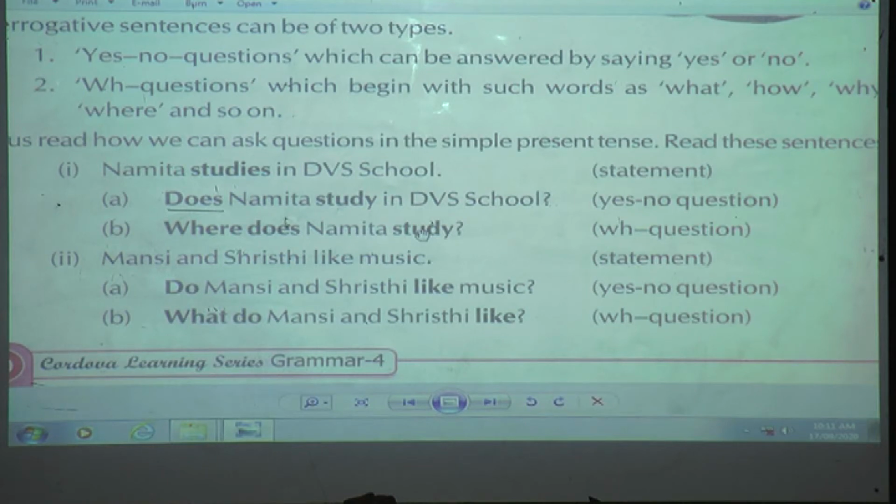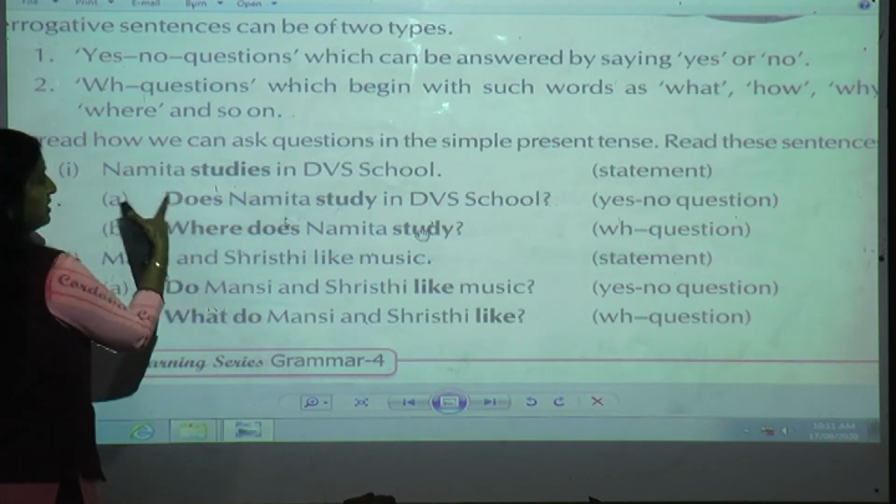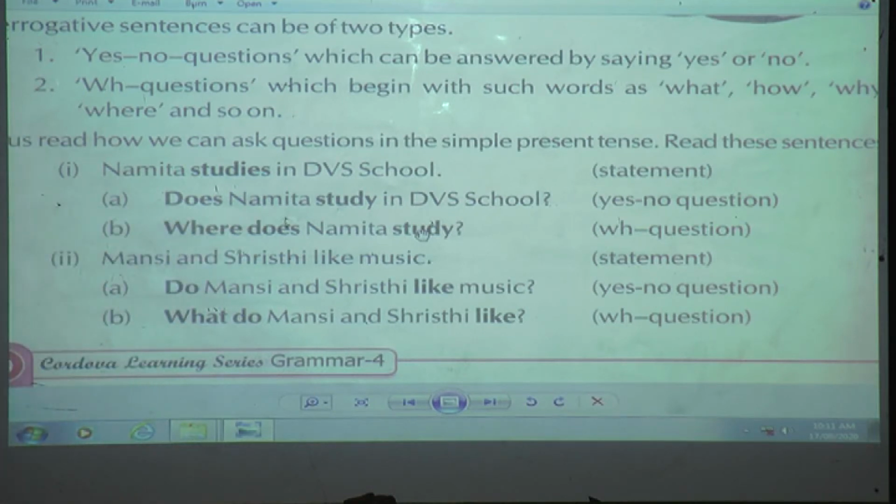So what is the difference in these two, students? Yes, in the first we write does or do, and after that the subject. But in the next, first we write the WH word and then does or do. Got it? If the subject is singular, we use does. If it is plural, we use do. This you have to keep in your mind.